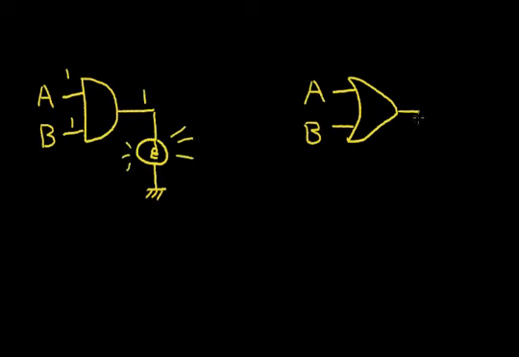In the OR gate, let's also assume we have a light bulb attached to the output. Here's the filament tied to ground. Now in this case, if either input is at a 1, if B is at a 1, it doesn't matter what A is doing, the output will be at a 1 and the light will shine.